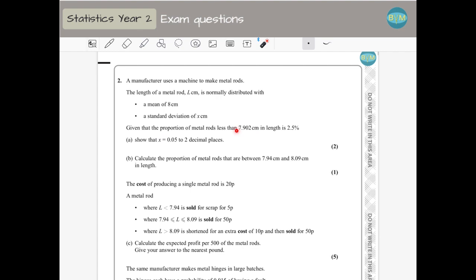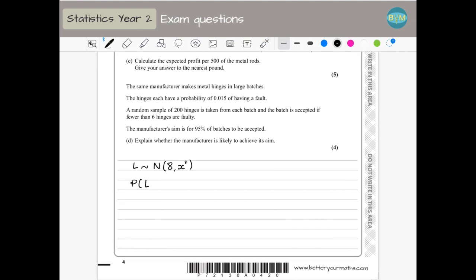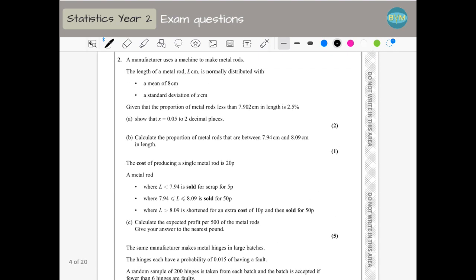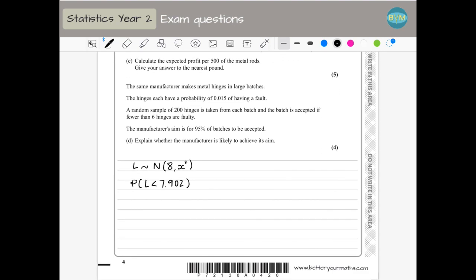So the probability that L is less than 7.902 is 0.025, so 2.5%.